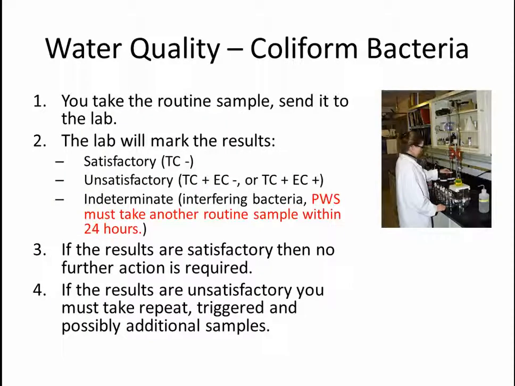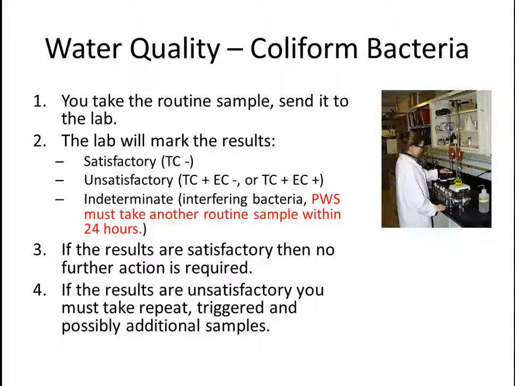So here's what happens. You find out what type of system you are. You find out how many samples you have to take. You go and take your samples and send those bottles to the laboratory. The laboratory tests the samples and marks the results.